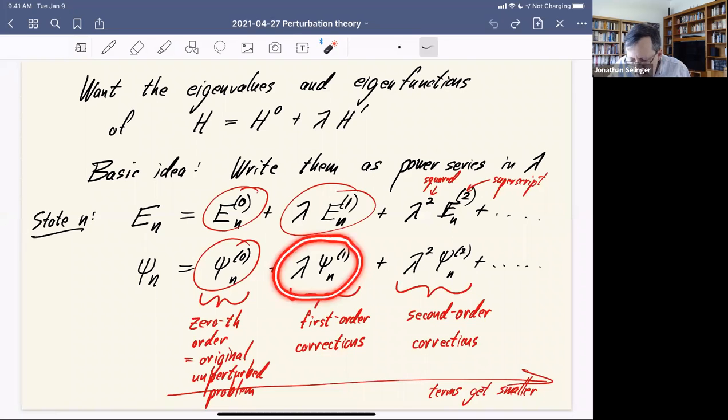That would be the first order term for the wave function. We might also want to go to second order to say, for example, what's the second order change in the energy eigenvalue? So let's do those things now. That's the calculation I want to show you now.